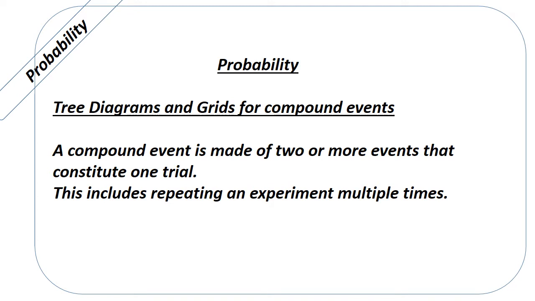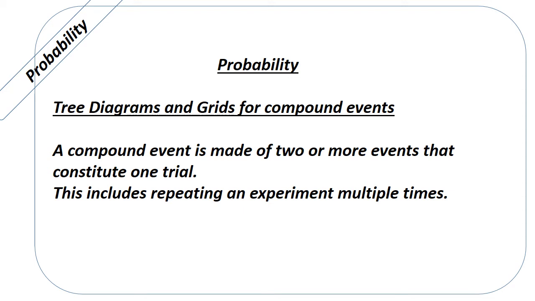For example, you can have tossing a coin and rolling a dice. So it might turn out that you want the probability of getting a head when a coin is tossed, and getting maybe a number 1 when a dice is rolled. So these are different experiments, but you want the probability of getting a head and a 1.